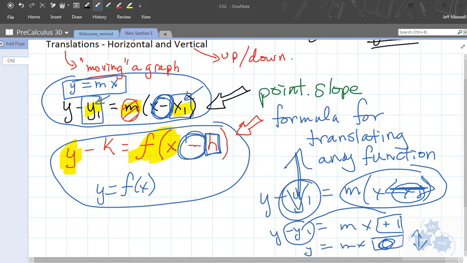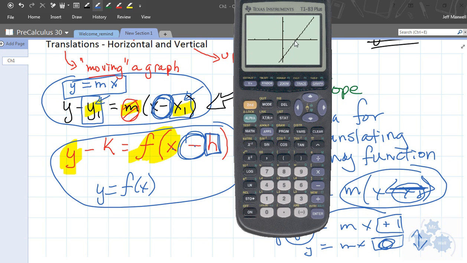So why did the graph move to the right 1 unit? Because what I actually did was subtract a +1. So inside the brackets, the horizontal translation will be represented by this number of units, and the direction would be opposite of what this sign would be.